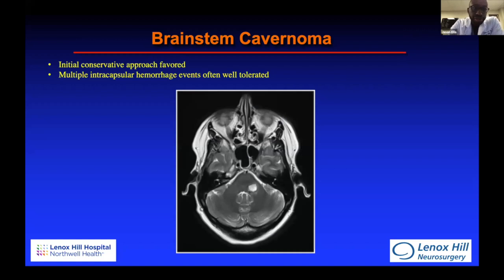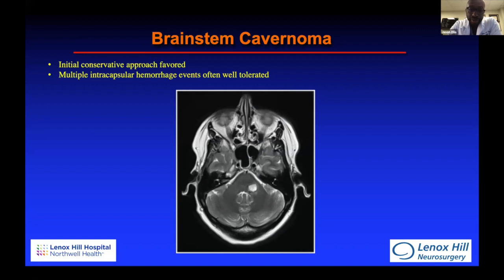Brainstem cavernomas, the vast majority of neurosurgeons are initially conservative with these. Again, the brainstem is quite a delicate area, and we try to avoid operating in the brainstem unless it becomes absolutely necessary. If there are multiple intracapsular hemorrhages, those are often well tolerated.